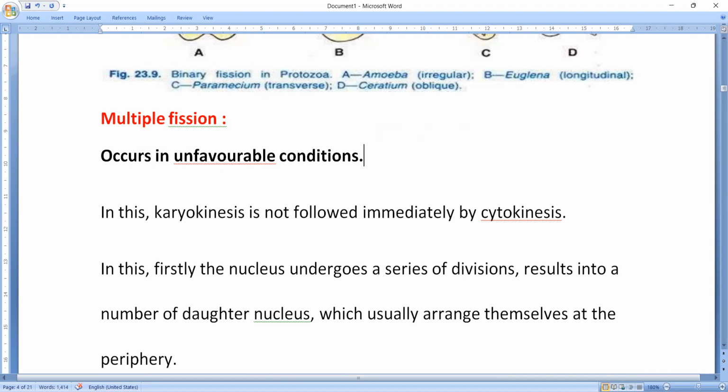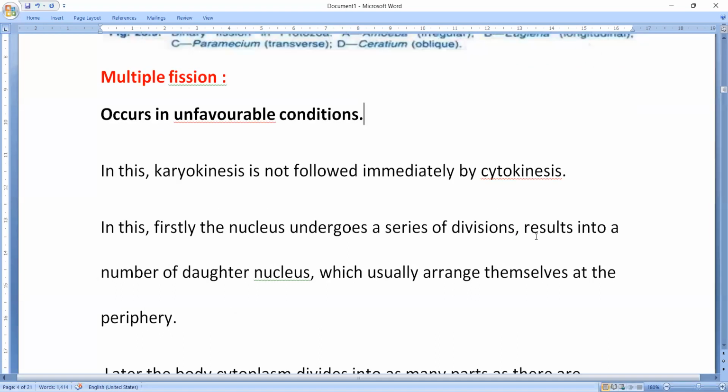To escape from unfavorable conditions, the protozoans undergo multiple fission so that their generation will be continued. If at all any one of the daughter offspring survives, its next generation will be continued. That is the main aim of multiple fission. So multiple fission occurs in unfavorable conditions, and binary fission occurs in favorable conditions.